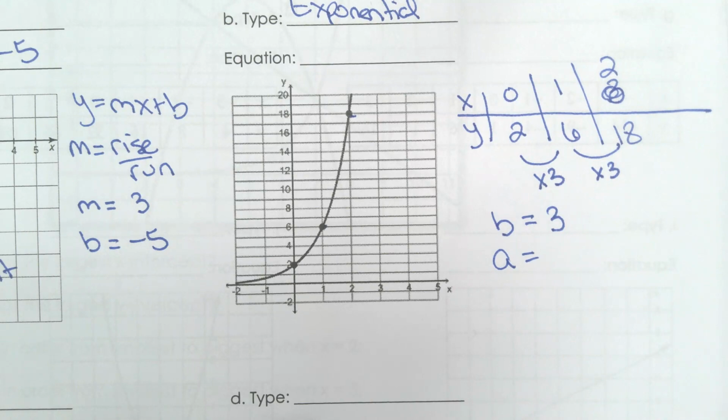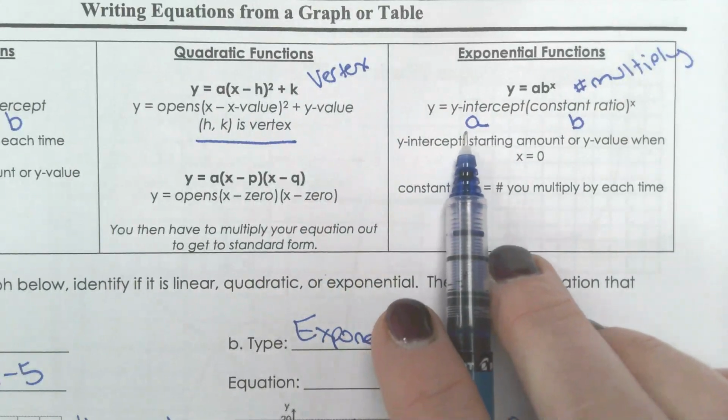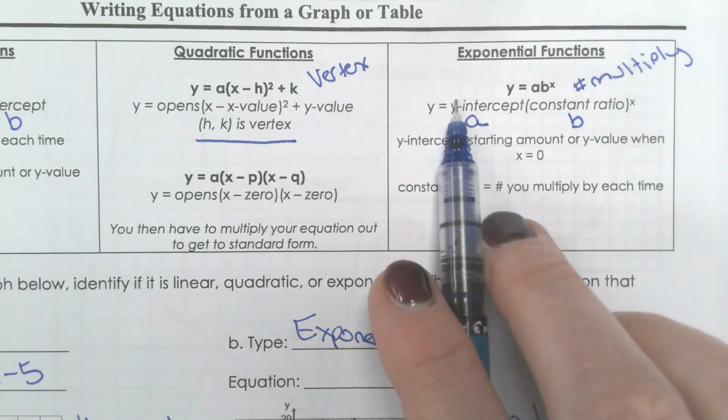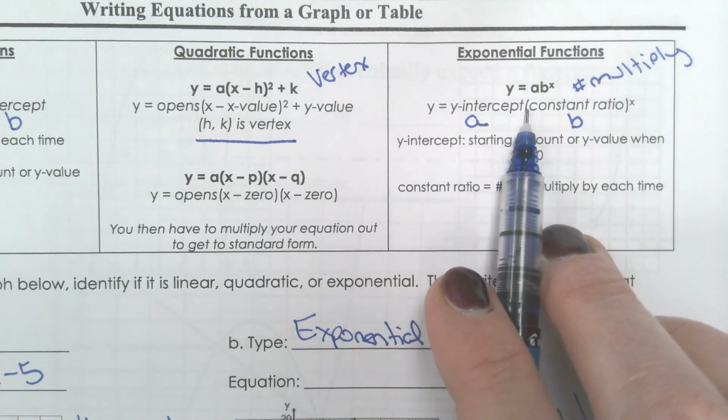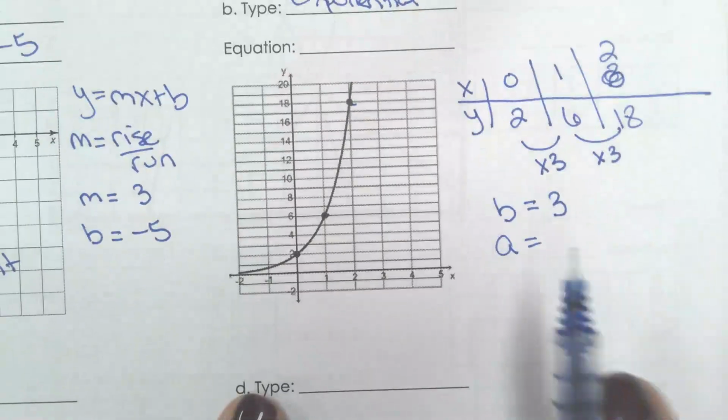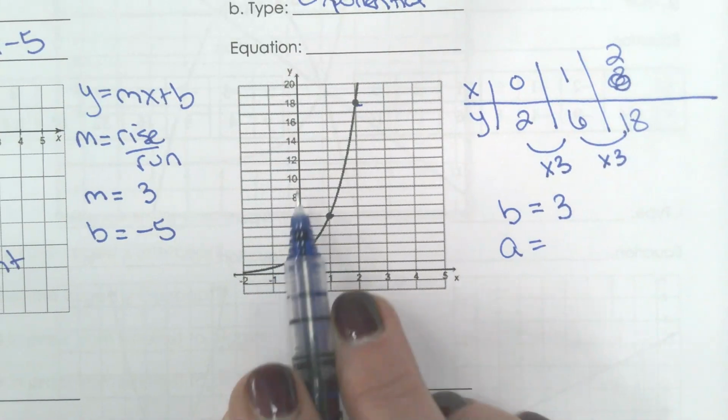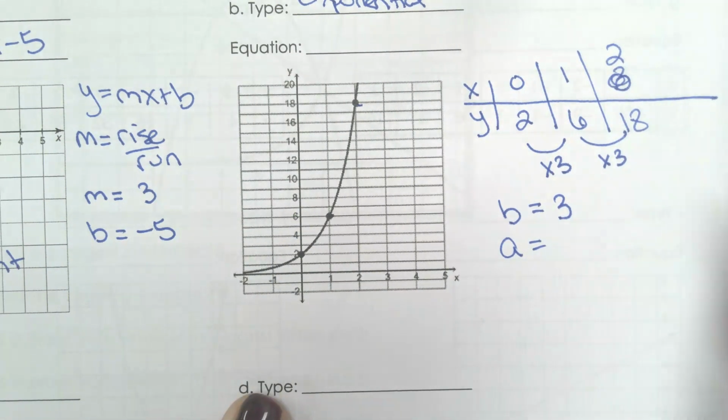Now I have to figure out what a is. When I look back up here at the notes, it says that a is the y-intercept. Where does this graph cross the y-axis? At the 2.